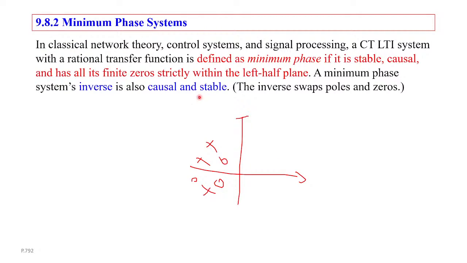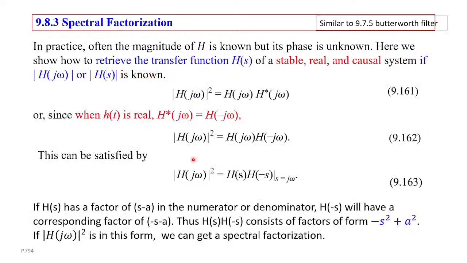And there's just a name. The minimum phase system is something that has all the poles and zeros on the left-hand side. So when you invert it, all the poles and zeros are still on the left-hand side, and it's causal and stable. That's nice. And there's this spectral factorization technique: you have the magnitude of your system function known, then you can try to guess some system function that satisfies this norm.